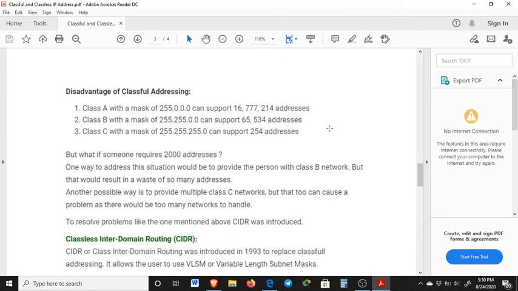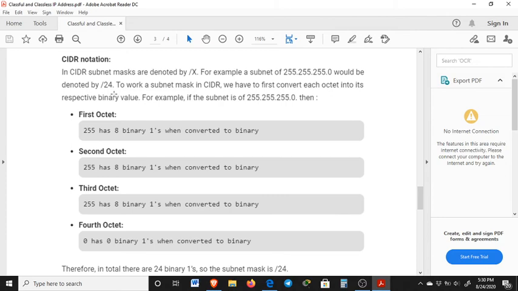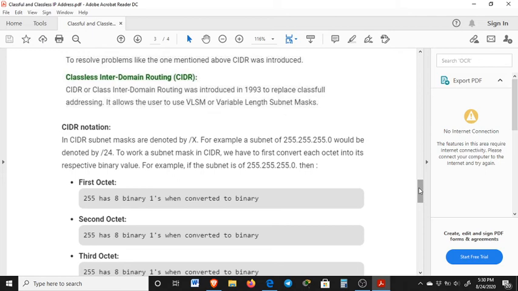If you want either to increase or to decrease the number of addresses, you can just play around with the subnet mask and change it to any of your choice, maybe slash 29 or 28, and that allows you to have fewer or more IP addresses according to your needs.